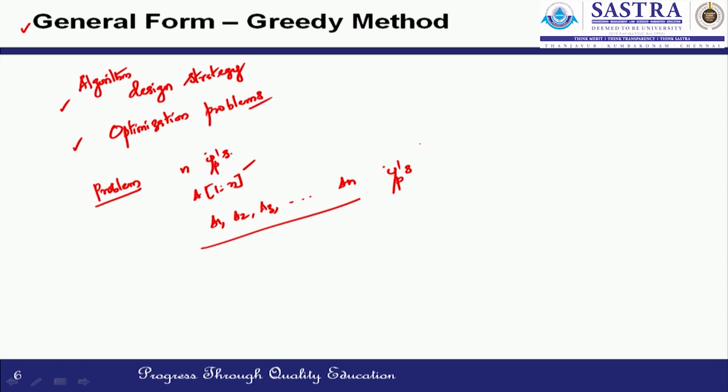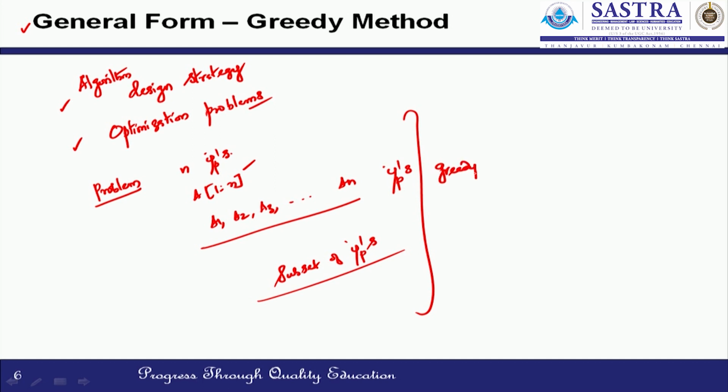In case the solution to the problem is taken as a subset of inputs, in order to satisfy some constraints of the problem, then we can better apply the greedy strategy to solve the given optimization problem.